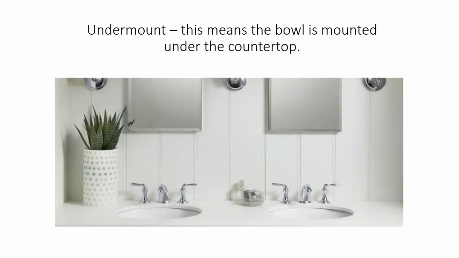An undermount bowl simply means that it's going to be mounted underneath of the countertop. It's going to be adhered with either silicone or clips, and preferably both. It is a nice option because it's very easy to keep the counter clean. You don't have any little areas that are going to cause some issues with dirt or grime over time. And it does provide a little bit more counter space.